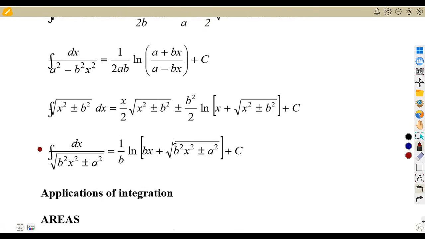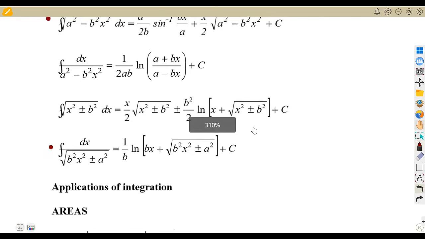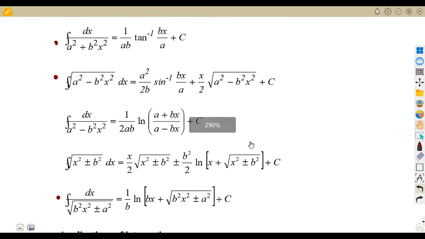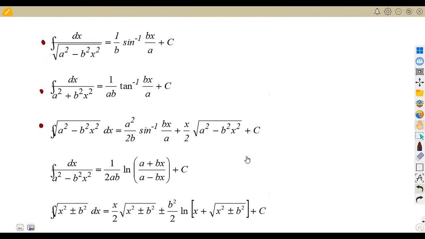There's only one formula that can be written exactly the way our integral is given. It must match exactly the way it is given there. What am I trying to say?